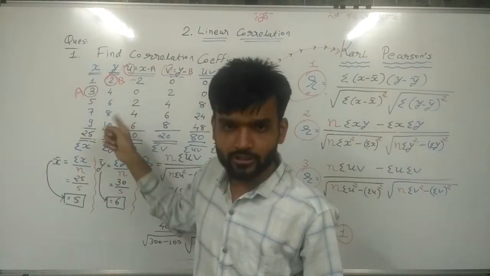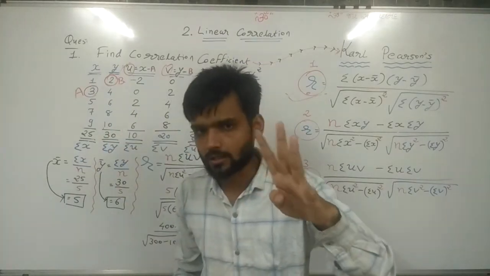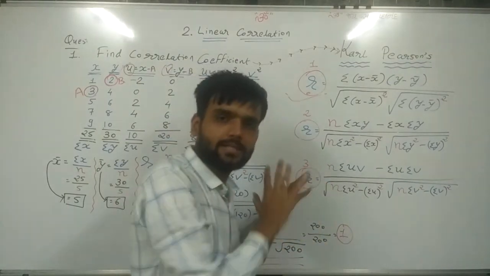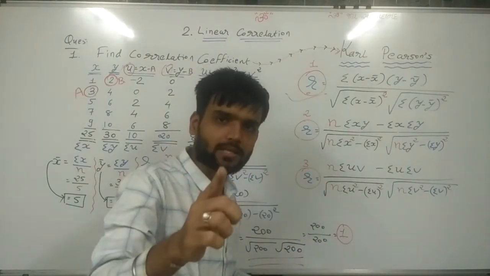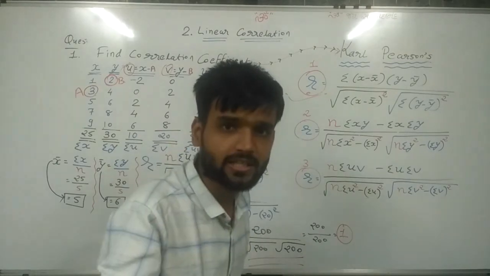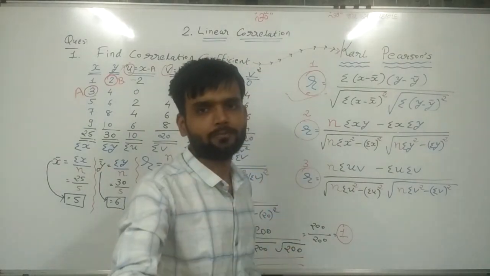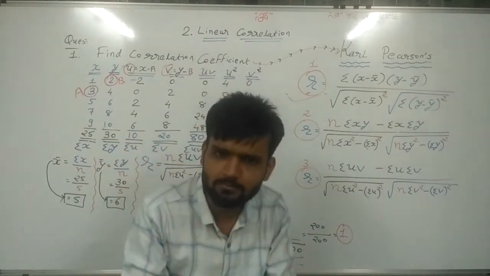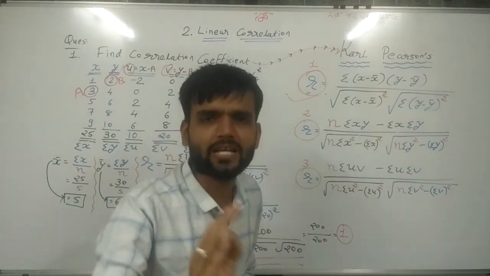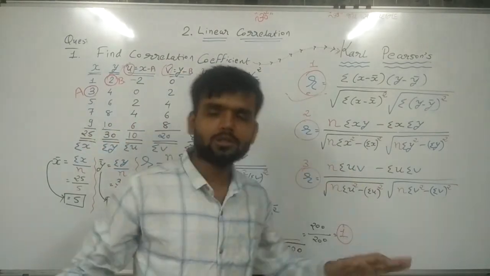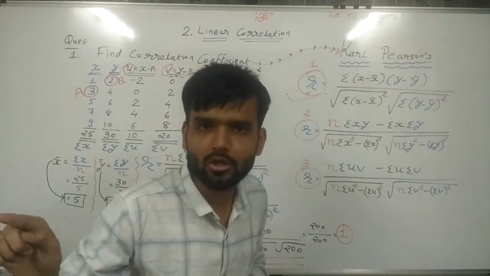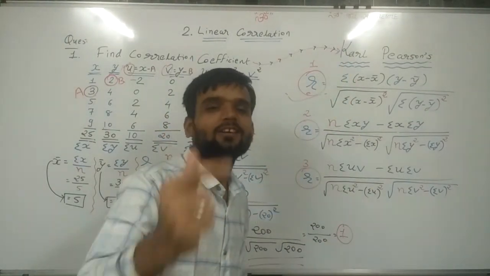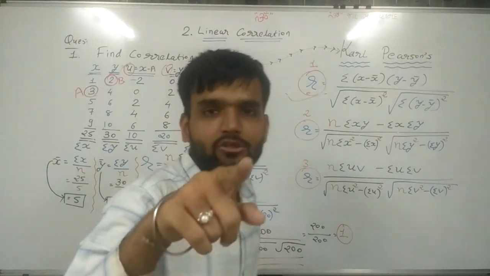After doing this sum by 4 methods, 3 methods are complete, 3 formulas are used already. That is very easy. If you want to understand easily, see my 3 videos. And in the next lecture, definitely the same sum is done with the scatter diagram method. Then after that, you can solve all the sums from your textbook which are of the Karl Pearson method. Thank you very much. We will see you in the next lecture.